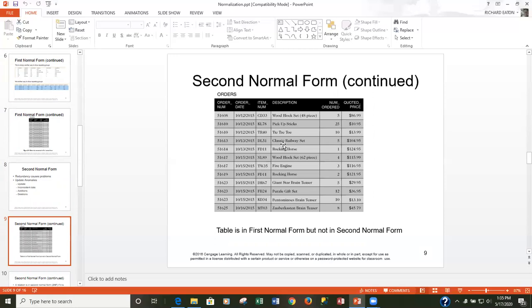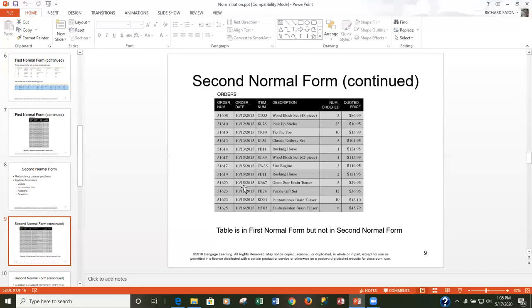One of the problems I mentioned was redundancy. In this case here, we have order number 5610, order number 5610, that's redundant data. Down here, we have 51623, 51623, 51623, all with the same dates.